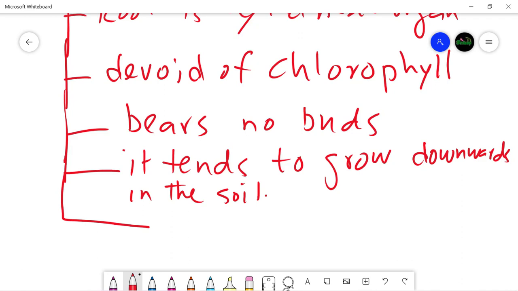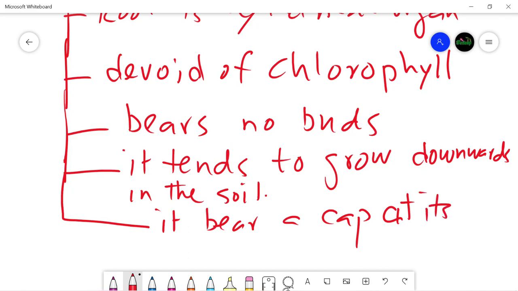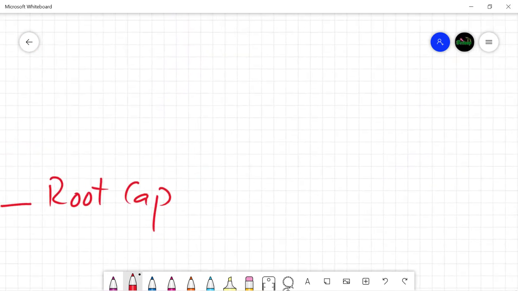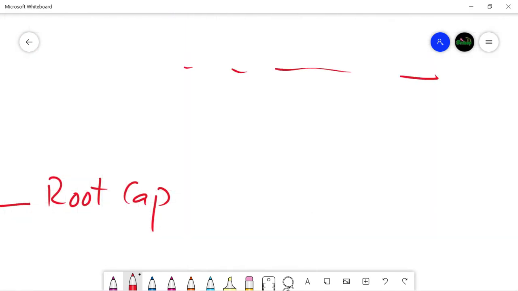Moreover, it bears a cap at its tip, and that is known as root cap. So root is a cylindrical plant organ.